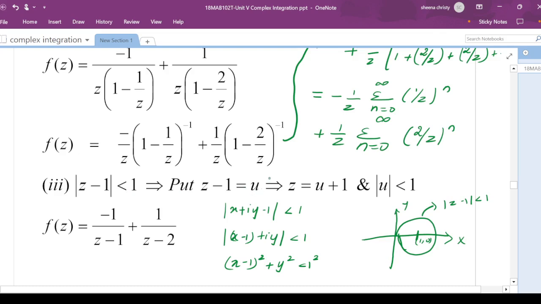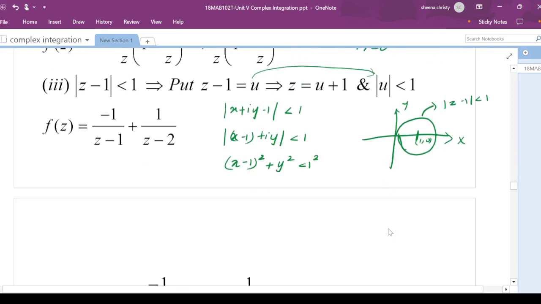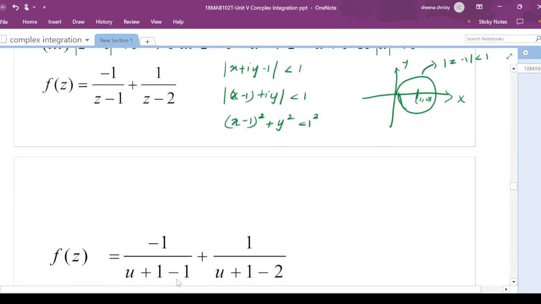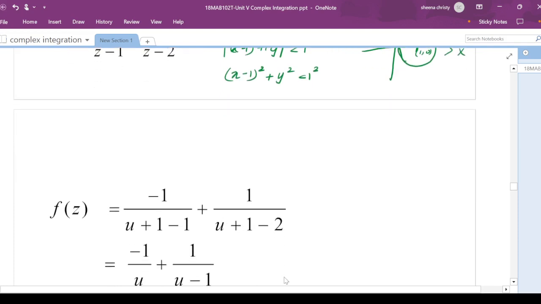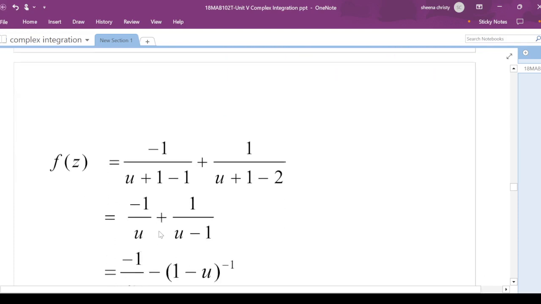That gives you modulus of u is less than 1. So if we convert this problem into u, put z equal to u plus 1 here, you will get minus 1 divided by (u plus 1 minus 1) plus 1 by (u plus 1 minus 2). That gives you minus 1 by u plus 1 by (u minus 1).